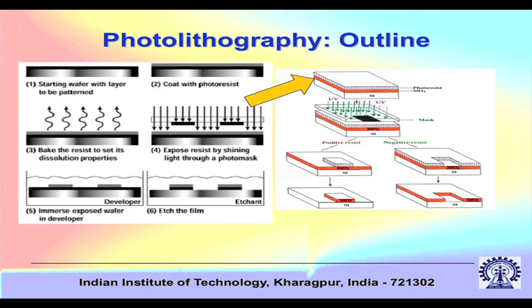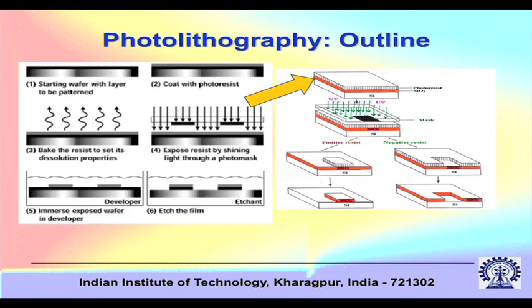Then that means you have been successful in transferring the pattern from the master, or from the mask, to the substrate. That is what you have been able to achieve. And then you can use an etchant to etch the film.